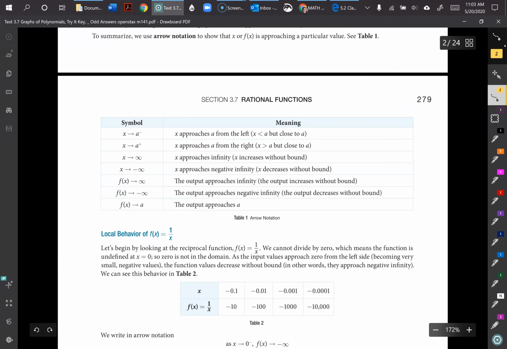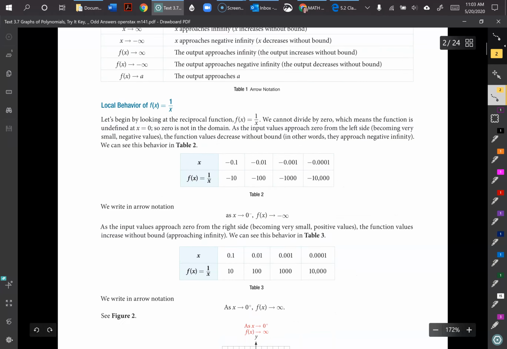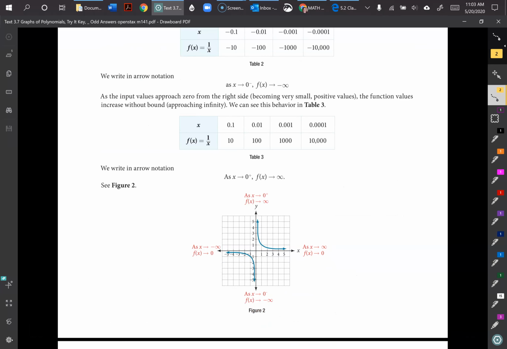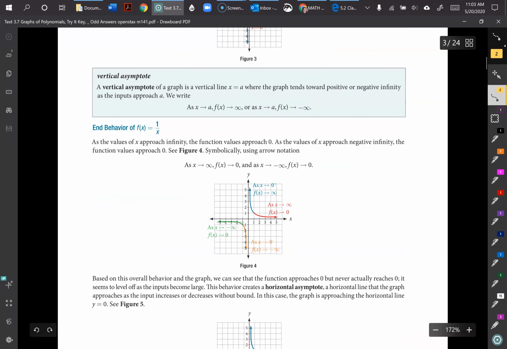There's lots of good information in here about how that works and the graphs themselves, and you can plot some points and see how they lay out. But it's really important to think about the parent functions as we graph new ones, or if you're given a graph and have to make the equation from that.